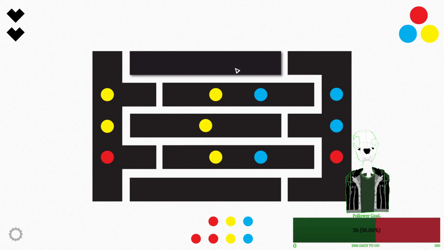One of these five. This one is, no. Okay, so this one needs to touch a yellow and a blue. So one of these two has to be yellow, one of them has to be blue. Or these two.